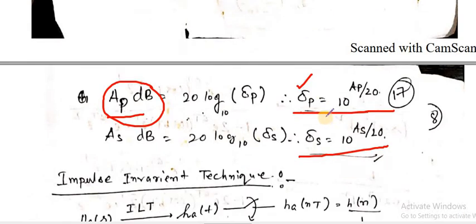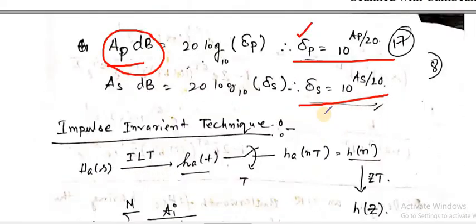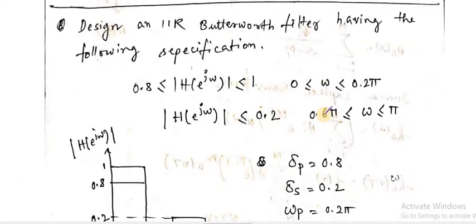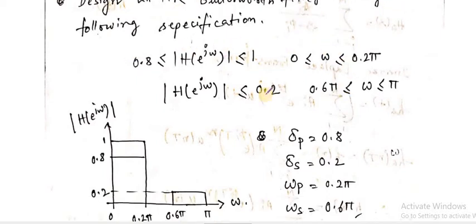Now we will discuss a particular problem. The problem is: design an IIR Butterworth filter having the following specification. This is a typical low pass filter specification, that is, the frequency response.